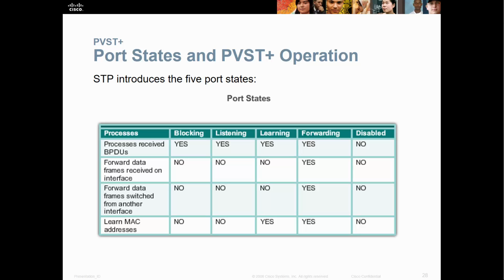Learning builds the bridge table, with no forwarding of data. Forwarding sends and receives data. It's a normal operating port. Disabled will be a port that is manually isolated from the network. So ports that will actually process and send forward data are forwarding ports.